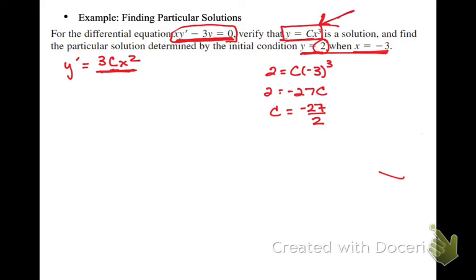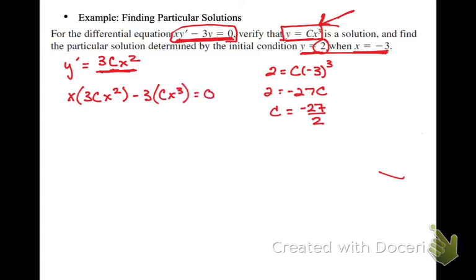Okay. So we would have x times y prime, which is 3cx squared, minus 3 times y. And what's y? cx cubed, equals 0.